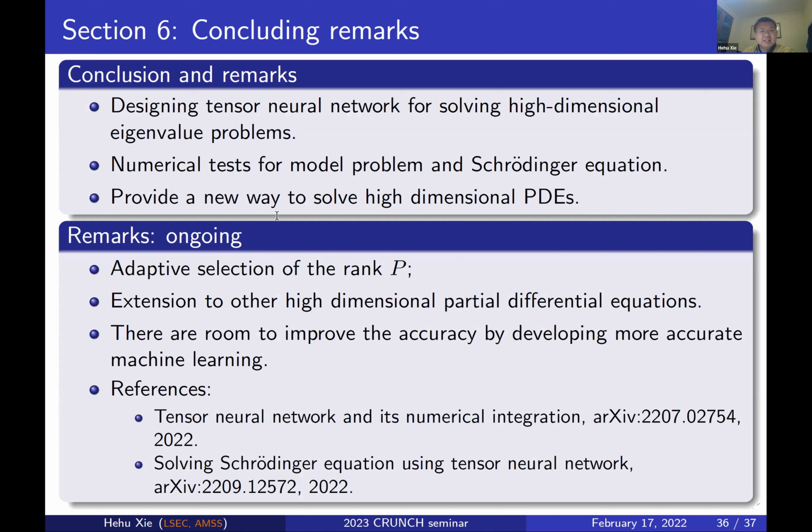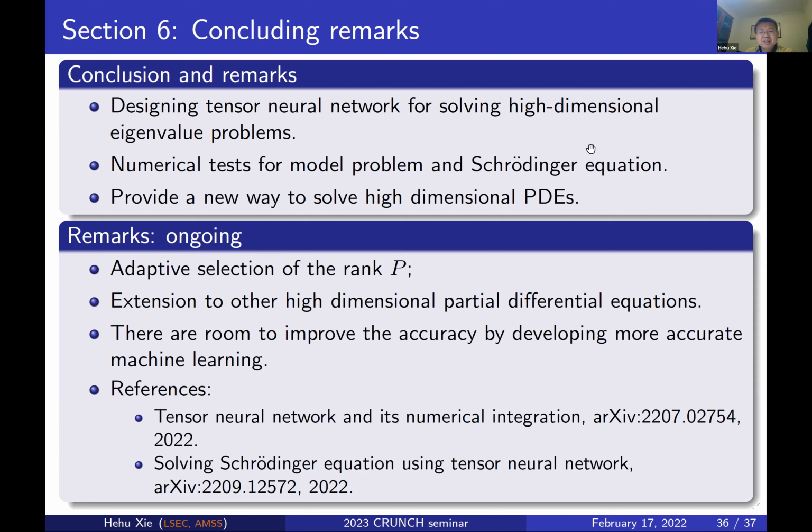In my lectures, I just introduced the tensor neural network for solving high-dimensional eigenvalue problems. Also, you can solve other types of partial differential equations. We did numerical tests for the model eigenvalue problem and the Schrödinger equation.